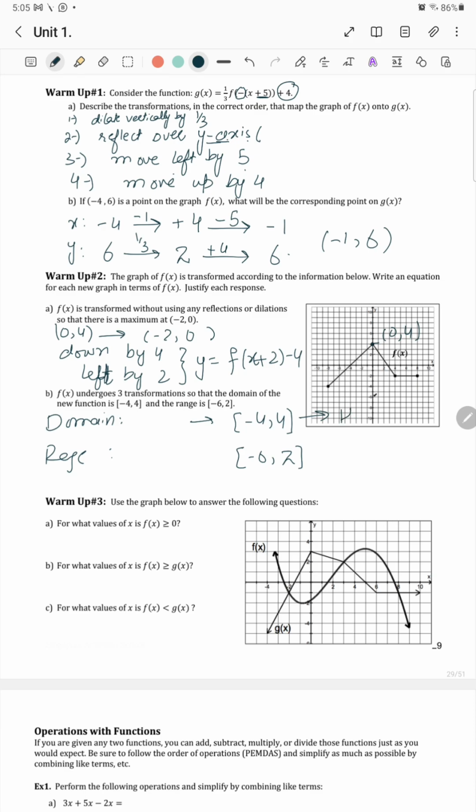So it horizontally compresses by 1 by 2. So it's going to be minus 8, 8. It's going down by 2, minus 4, 4.